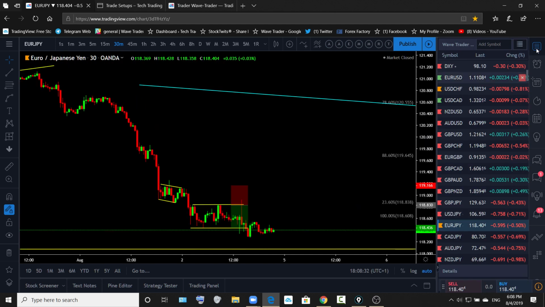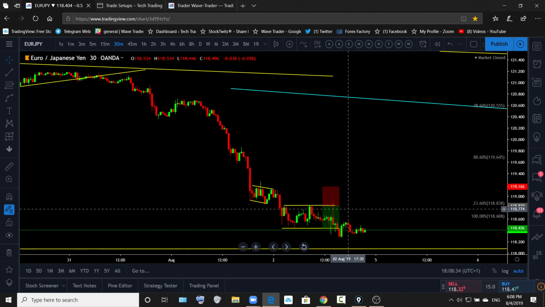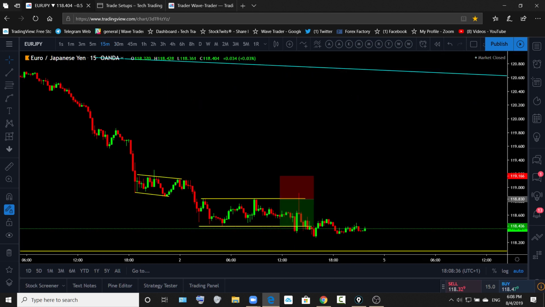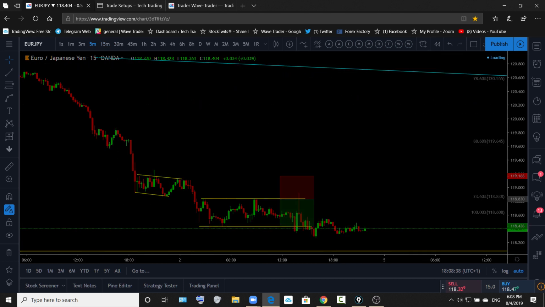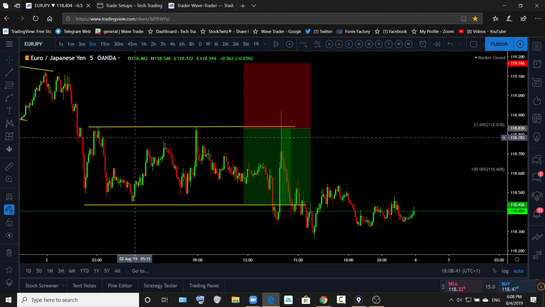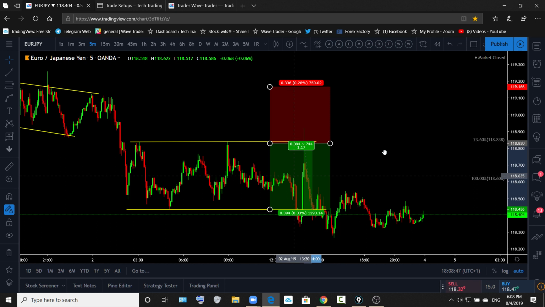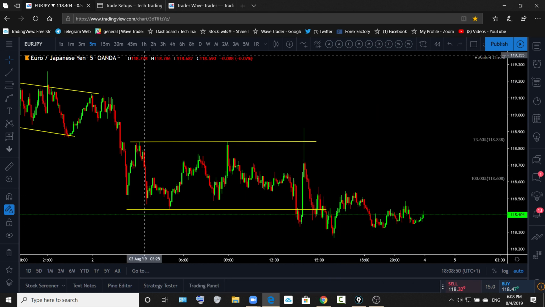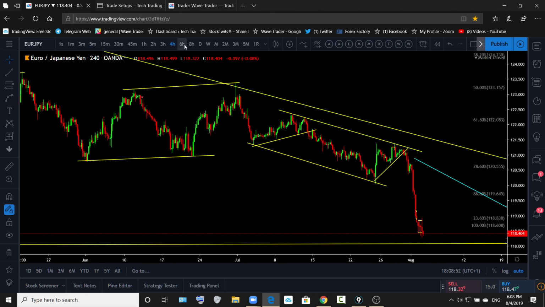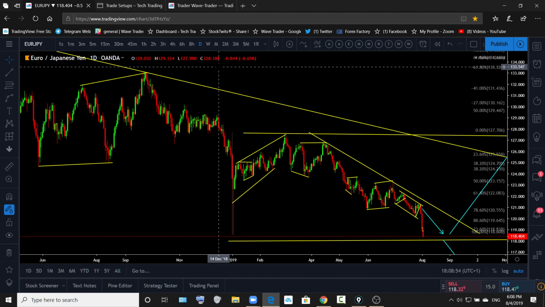There you got the euro yen. Same setup you guys see over there. We were expecting one more drop on Friday on the euro yen as well. There we got the sharp move up. Price hit the area where we were looking for it to hold and then went lower, and that short-term trade is gone. So euro yen, I love it.